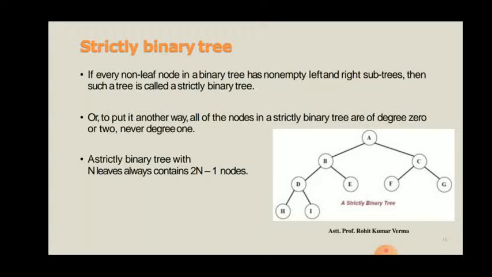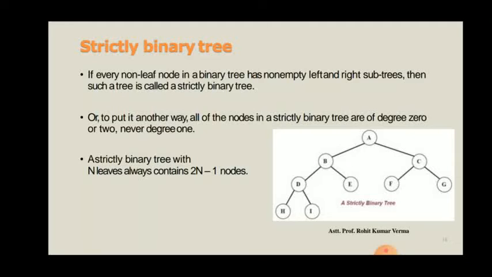What you have to remember is that in a strict binary tree, every non-leaf node has a non-empty left and right subtree. Such a tree is called a strict binary tree. Or we can say that in a strict binary tree, all the nodes have degree 0 or 2, never degree 1.